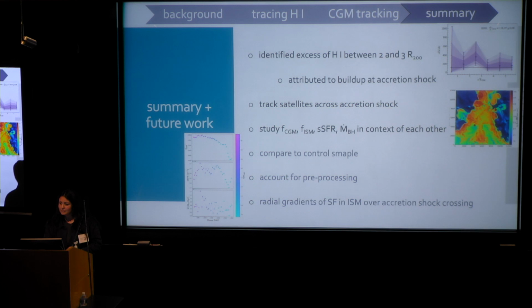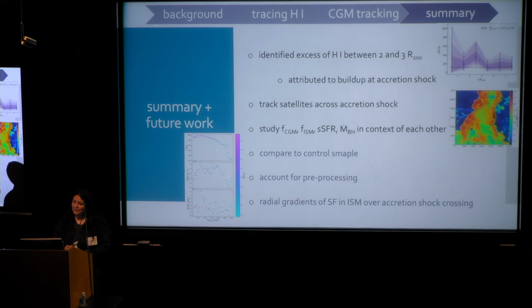You mentioned the splashback radius at one point, and I'm curious about whether there's any relationship to where the H1 excess is with respect to the corresponding splashback radii. Yeah, so that really depends on what work you're looking at. The accretion shock is identified anywhere between 1 and 5 R200C, depending on which simulation you're looking at.